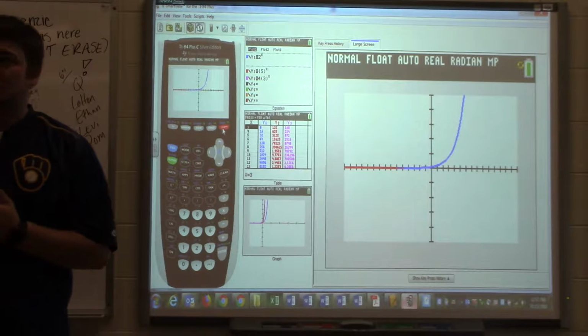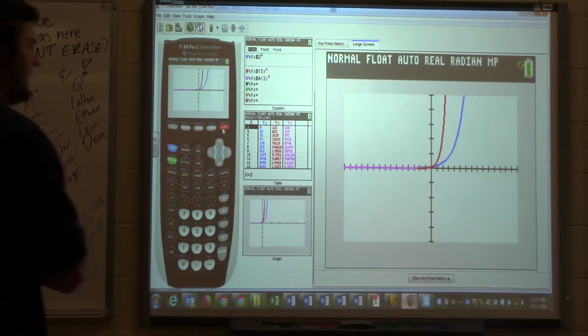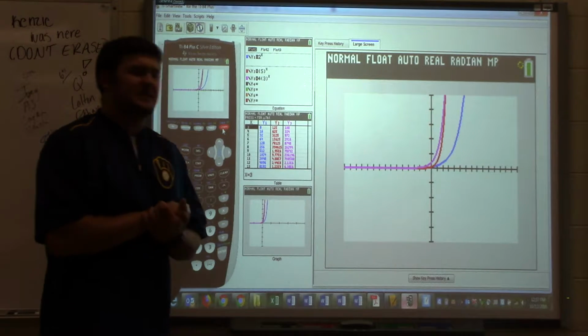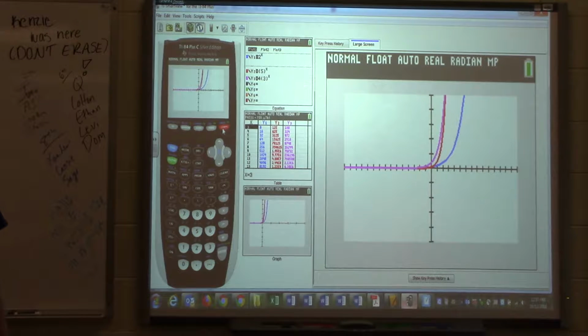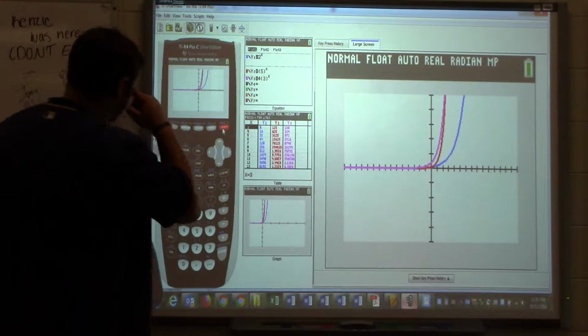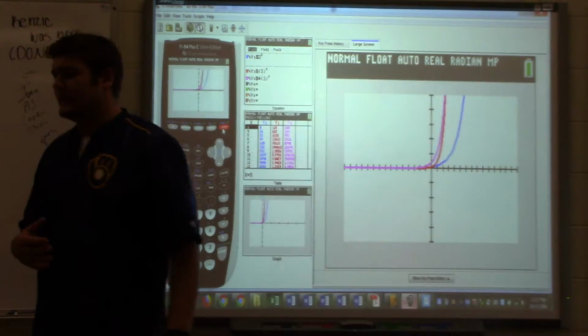My window, I put as x minimum of -15, x max of +15, and an x scale of 1. And then my y window, I think I went -50 to +50. I can't really see the top of my graphs very well, but I can kind of see how they space out a little bit.